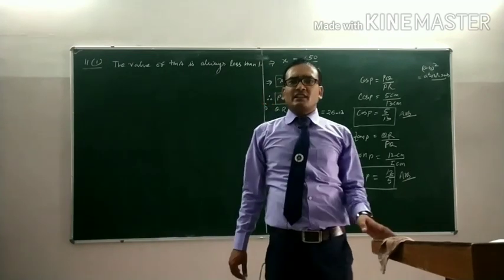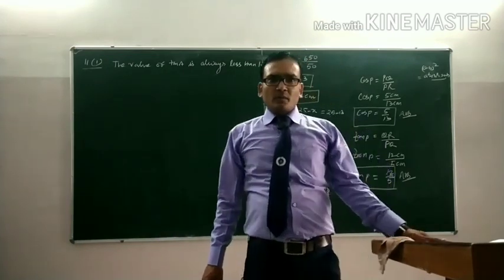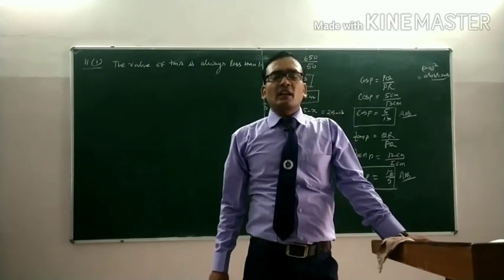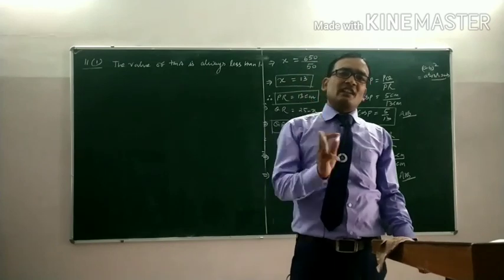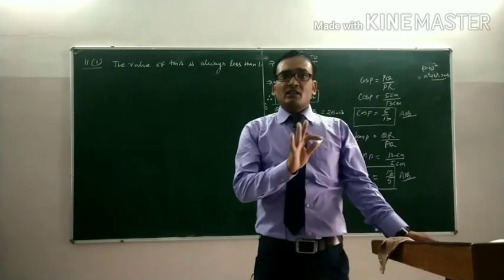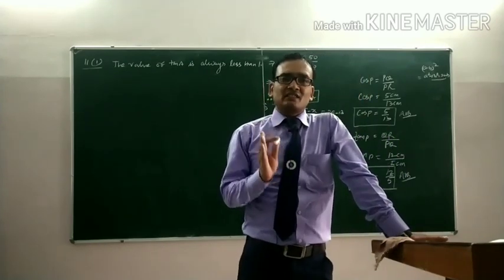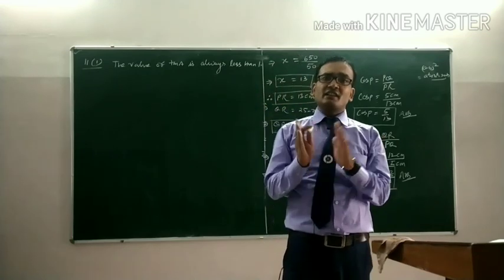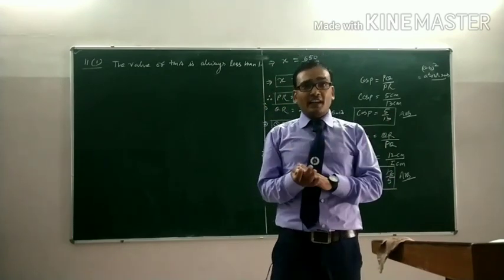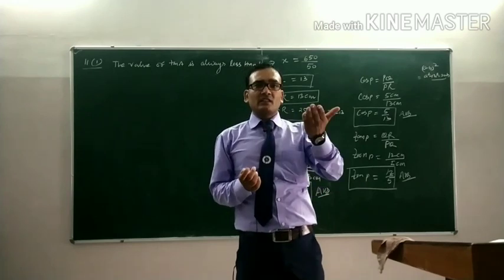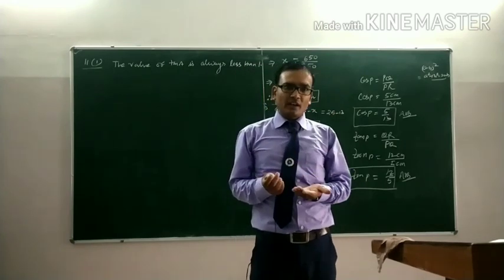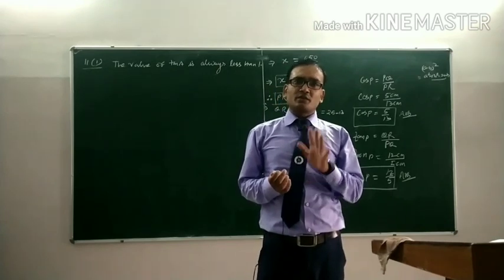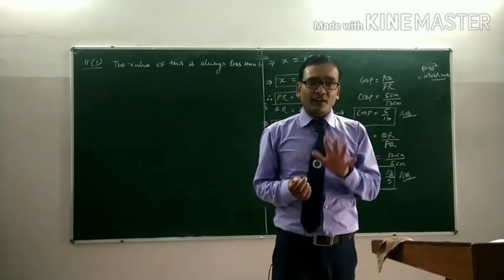In a previous lecture, we have learned that sin A and cos A are always less than or equal to 1, but we cannot say that tan A is less than or equal to 1. The value of tan A may be greater than 1, may be less than 1, may be 1. Okay, student, this statement is false.